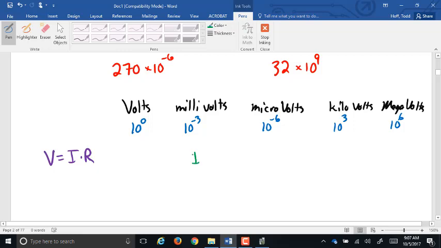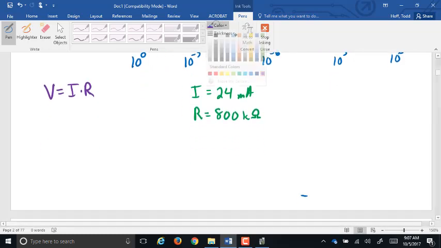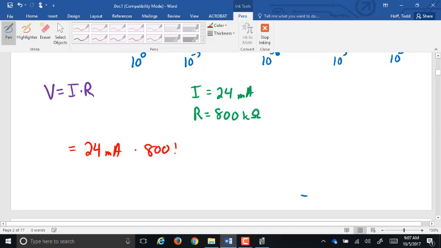So let's say you have a current of 24 milliamps and a resistance of 800 kilo ohms. So this is going to be 24 milliamps times 800 kilo ohms.